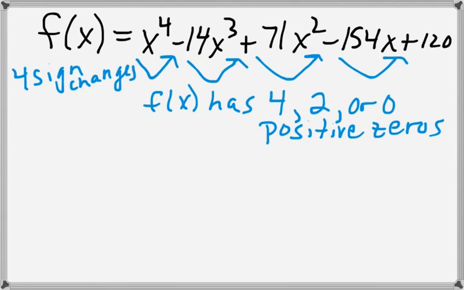Okay, now to count how many negative zeros this function has, we need to look at the sign changes of f of negative x. So we'll find f of negative x. Just like when we find f of anything else, we're putting the number in parentheses in as our input. So we're replacing all of the x's in the function with negative x.